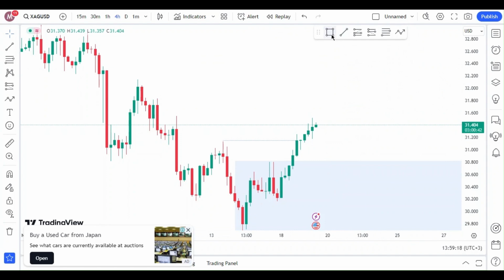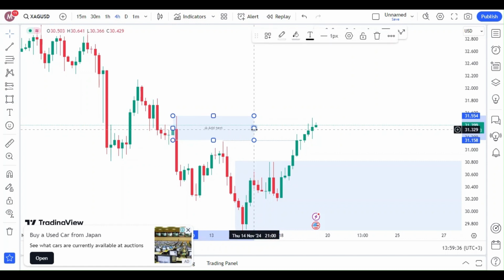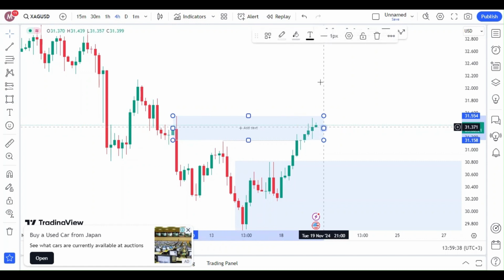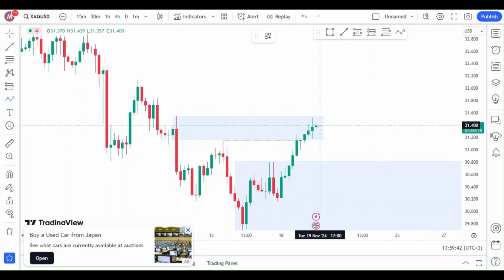However, as you look closely, much as this is a very clear change of character indicating the trend might be changing, to me it still looks like inducement. It looks like price might want to induce early buyers, take them out, and then have the bullish move afterwards.